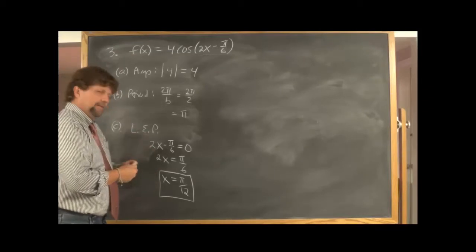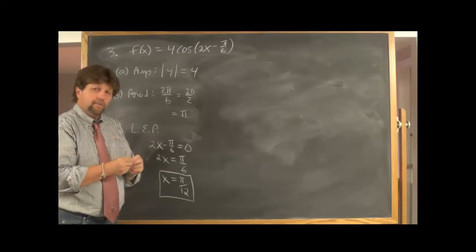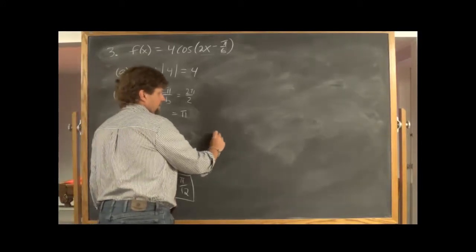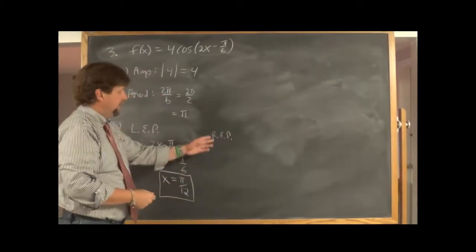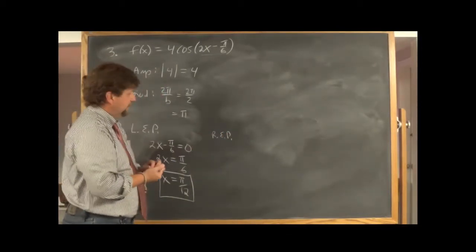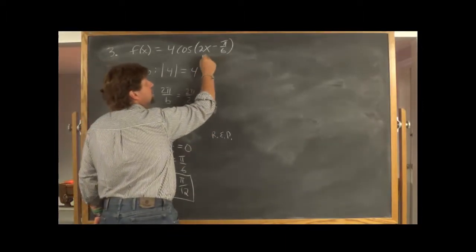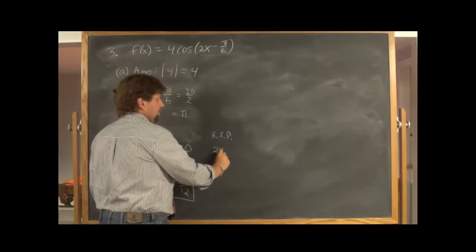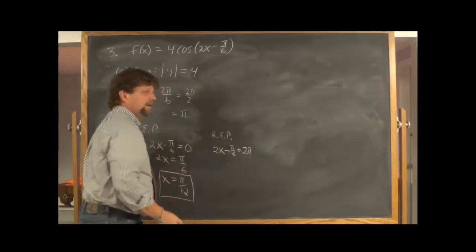Once I know the left endpoint, there are really 2 different ways I can find the right endpoint of 1 period. I abbreviate right endpoint, REP, the right endpoint of 1 period. I can take the junk I see inside the parentheses and set it equal to 2 pi.